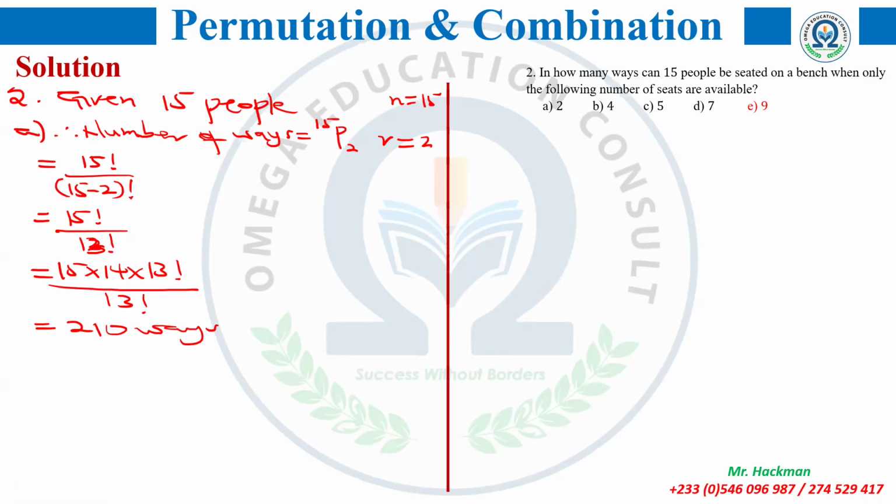Prof. Ama, you're going to say that when two benches are available... no, it's only one bench, but that bench can seat 2 people. You get the point? Yes, please. It's only one bench, but on that bench, only 2 people can be seated.